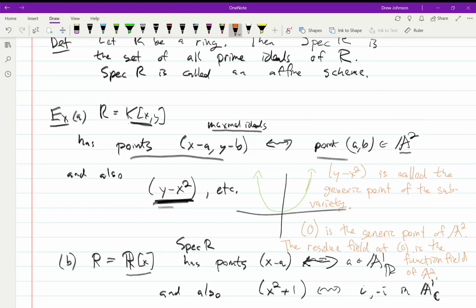Remember we defined the function field earlier as the ring of all rational functions on A2, and that's going to be the same as the residue field at the generic point. Similarly, up here, the residue field of this ideal y minus x squared will be the same as the function field of the subvariety, this parabola.